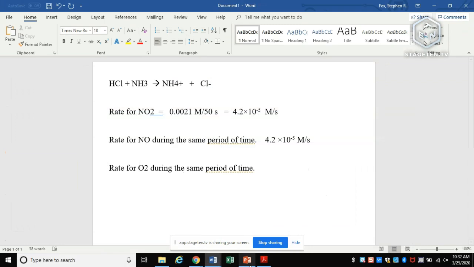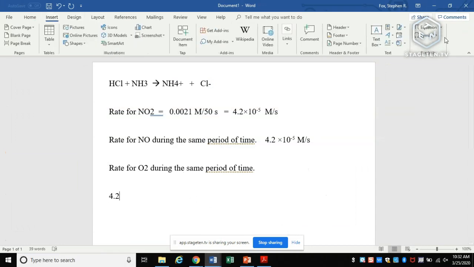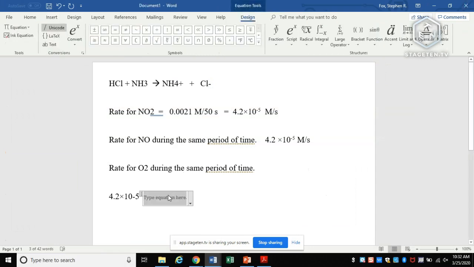But you could also just say, if I take 4.2 times 10 to the negative 5 and multiply by the ratio from the equation, the ratio was 1 mole of oxygen for every 2 moles of NO2, right?